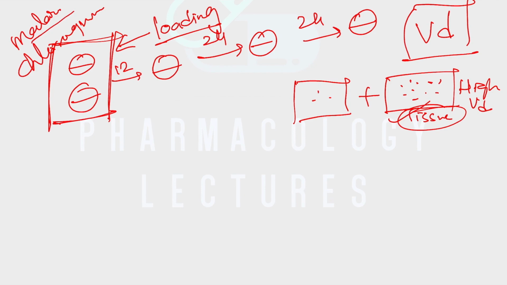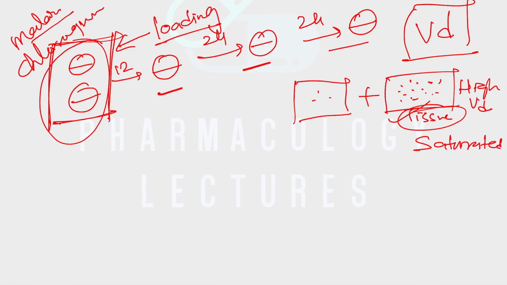So in this case of malaria, where we need a higher concentration in the blood, what should we do? We initially give a high dose of the drug so that all the tissue proteins get saturated. And now as we give the drug, the drug concentration in the blood increases, and that is therapeutically beneficial for us.